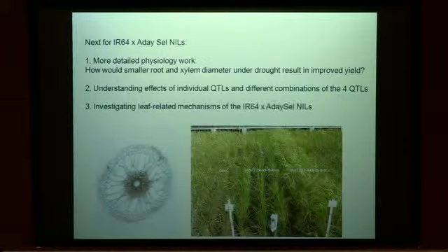Also, I mentioned that in this picture, this line only has 2 QTLs, whereas originally they had identified 4 QTLs in that set. So we want to do more on understanding the effects of individual QTLs and different combinations. And we want to investigate the leaf-related mechanisms of these NILs, because so far I've really been focusing on roots a lot, not so much on leaves.